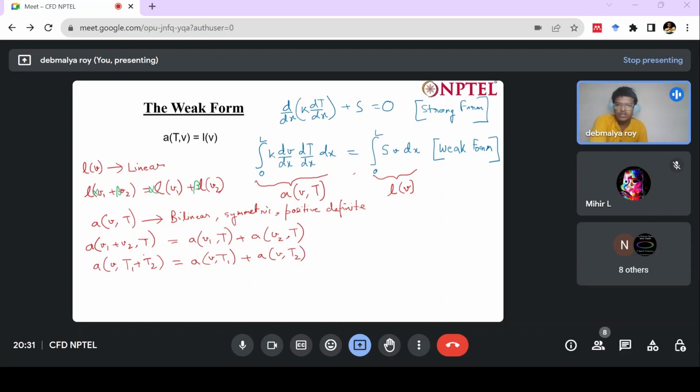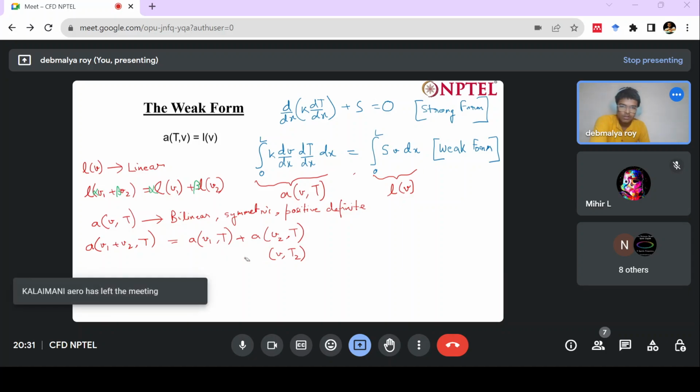So both these slots, the first slot and the second slot, are linear. How will it look if you combine all of them? Let me write.